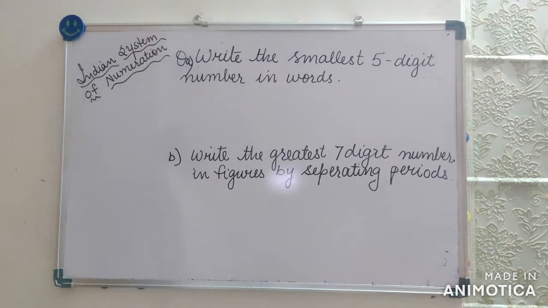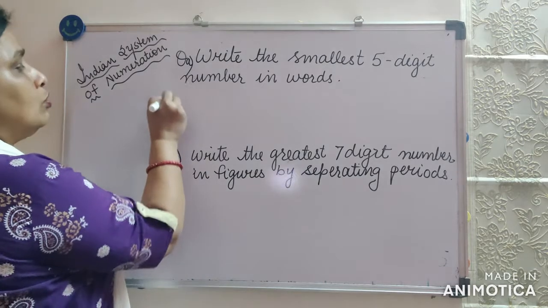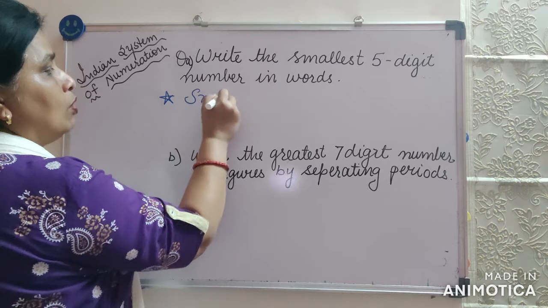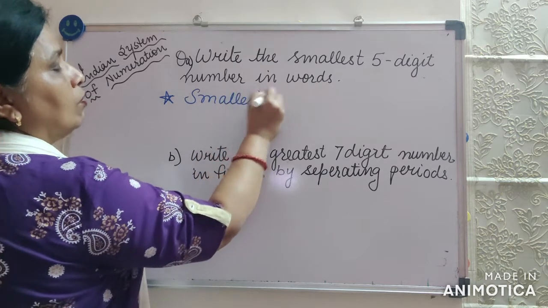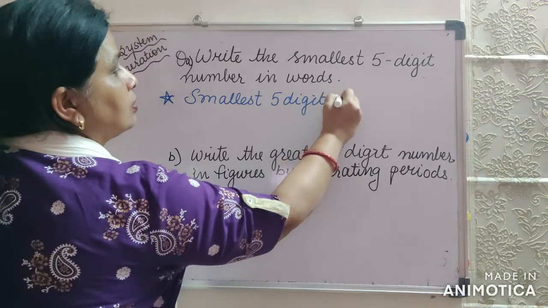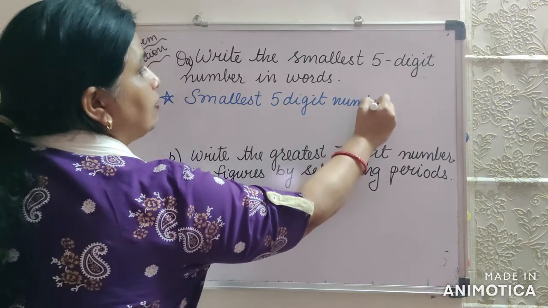Now children, our next question is: write the smallest 5-digit number in words. So in this type of question, what is the first thing you will do? You don't write down the answer directly. First you will write down the smallest 5-digit number in figures. So what is the smallest 5-digit number?